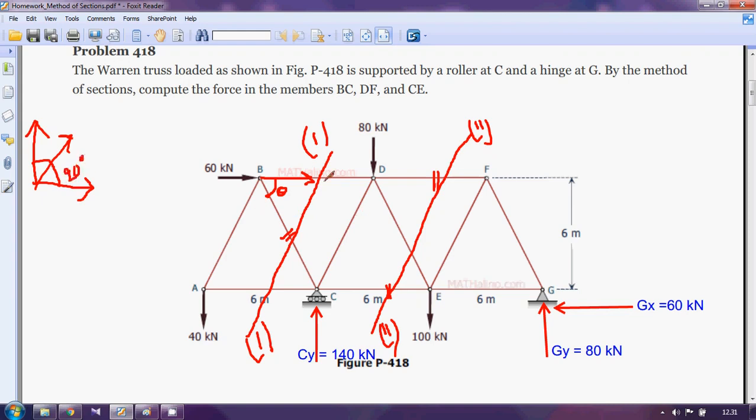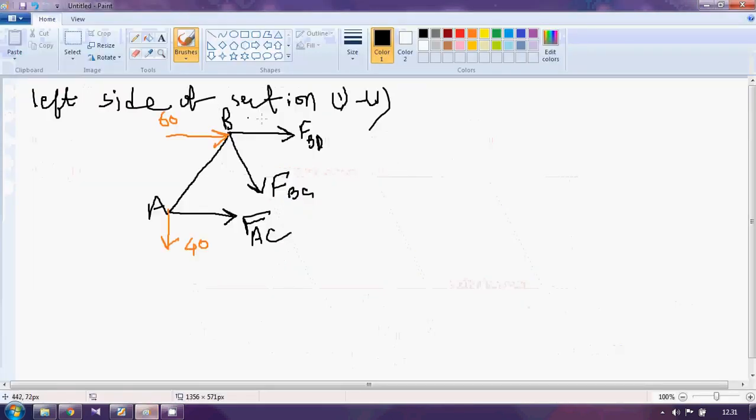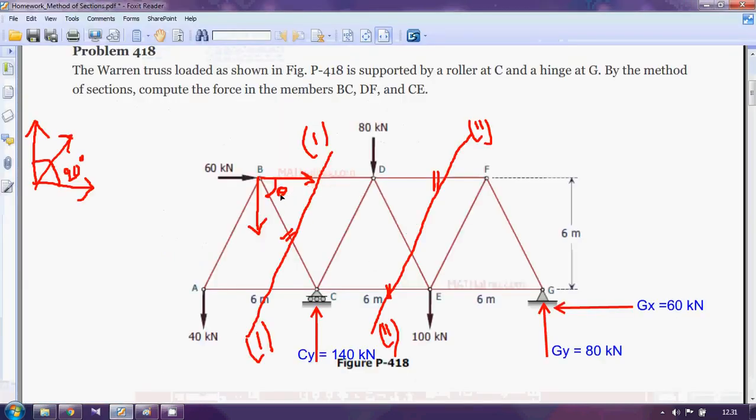So you have to assume these two forces in such a way that the other force is vertical like this. Correct? Good. So I will have one force here, FBC.